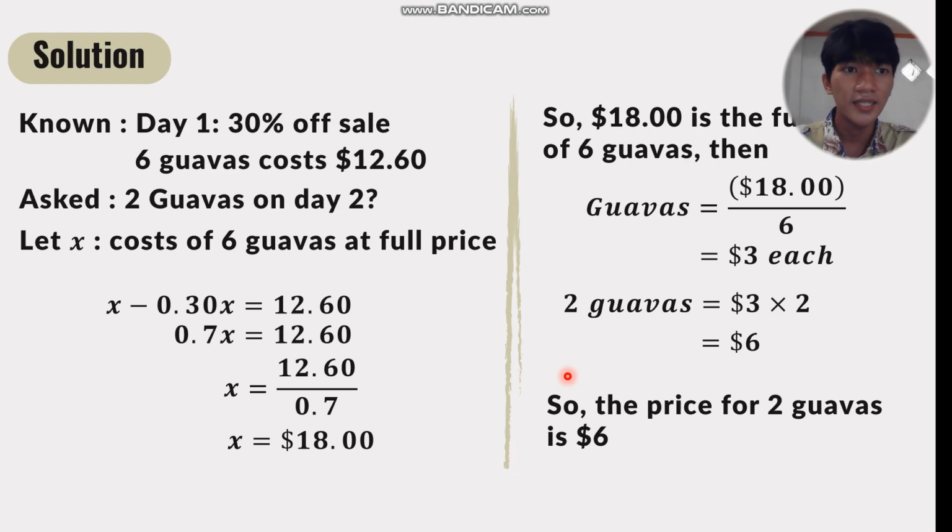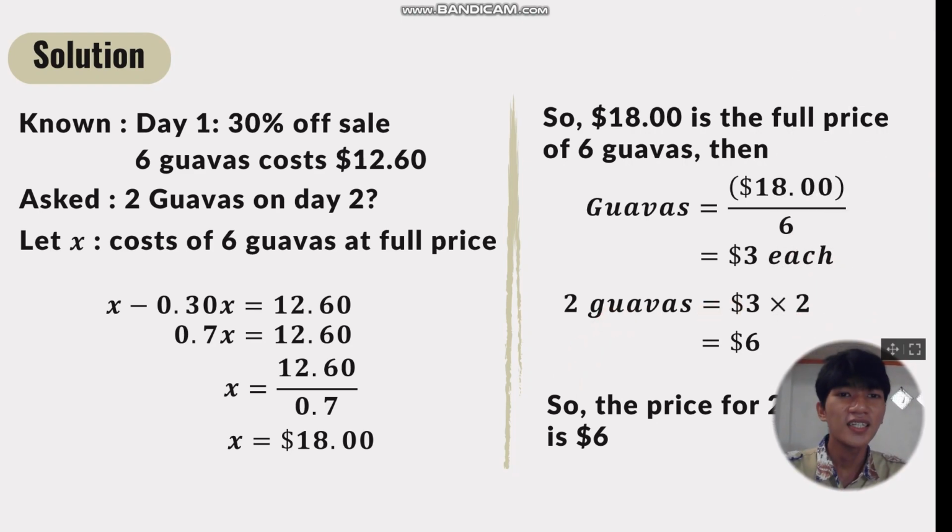The value of x is $18. I'm sorry, so the value of x is $18. So $18 is the full price of 6 guavas. Then the price per guava is $18 divided by 6.